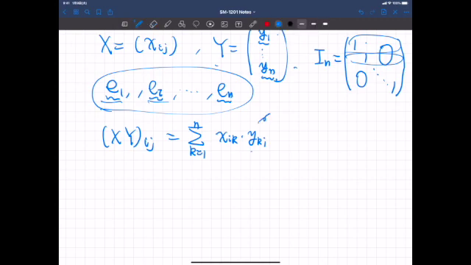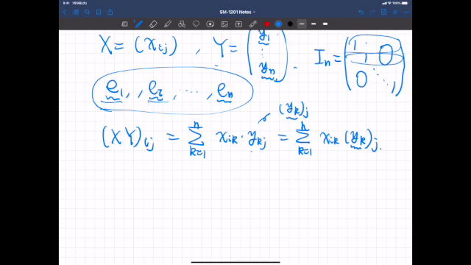So this is the jth element of the row vector yk. So let's write that like that: sum over k of xik times the jth element of the vector yk.